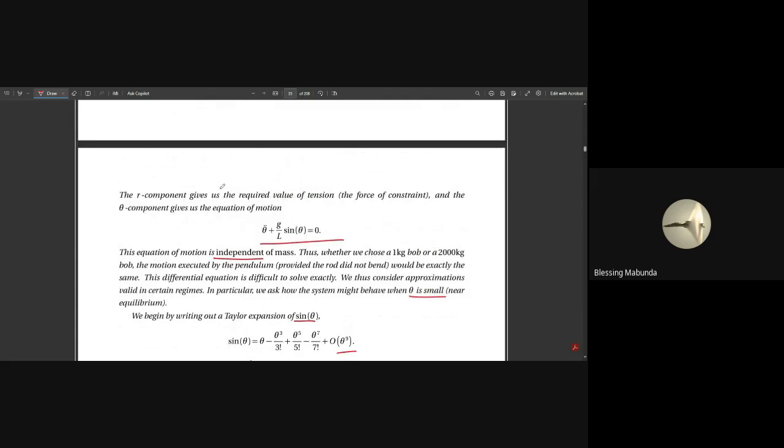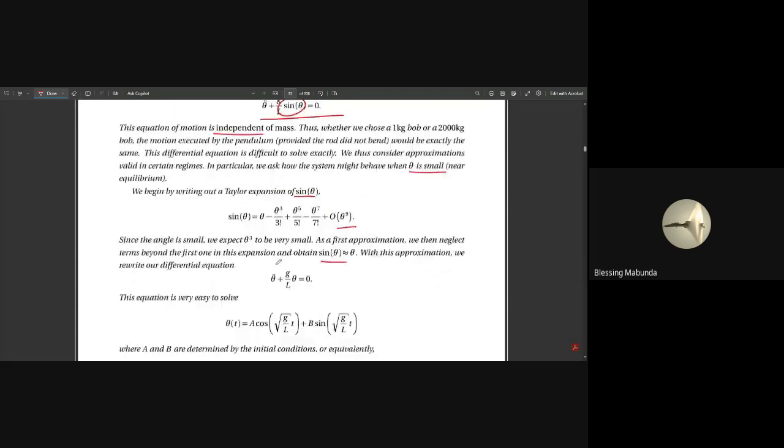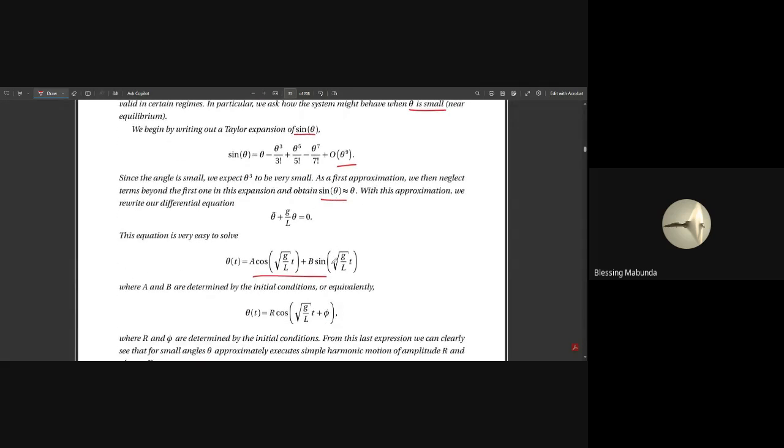And also the fact that it's present here in the equation makes it much more sensible to use the Taylor series expansion for sine. So once we're able to take that to theta, it becomes much easier to solve. And now theta as a function of time becomes this equation, where A and B are determined by any given initial conditions.